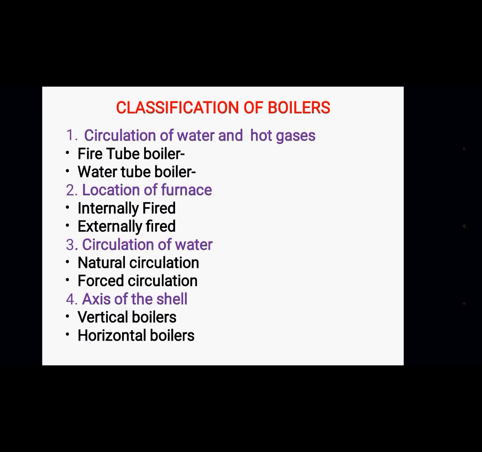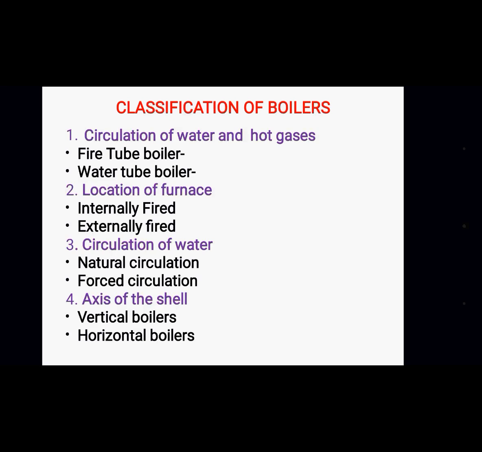In internally fired boilers, you find the combustion chamber within the boiler, within the boiler drum. All the fire tube boilers are internally fired boilers. If the combustion chamber is located inside the boiler and is an integral part of the boiler, it is called an internally fired boiler.